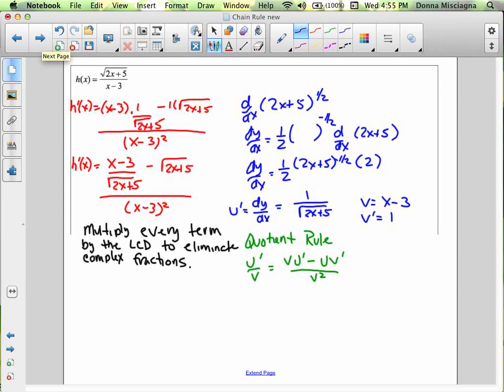So we're going to multiply each of these terms by the square root of 2x plus 5.